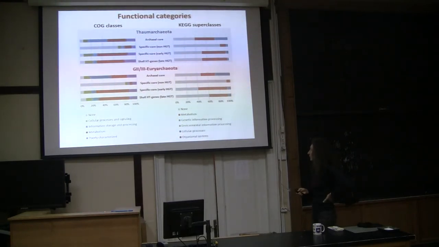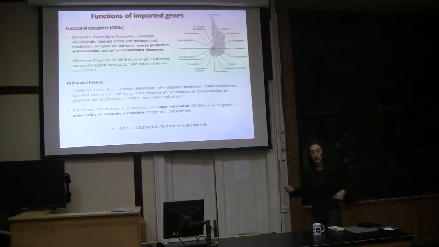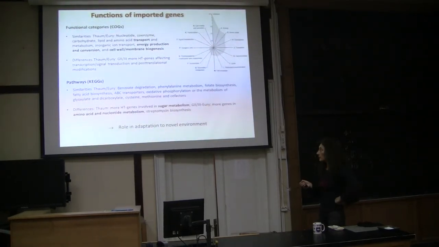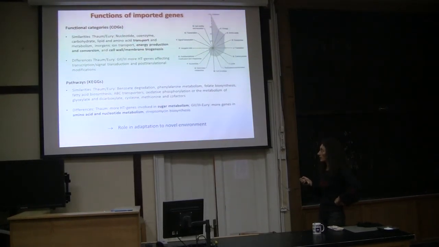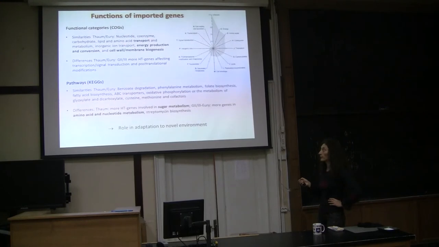Well, that's another point. You don't have to read the slide, but when we look in more detail into the functions of these genes that are transferred, many of them have to do with the transport across membranes of different things, also energy production and conversion, which is related to membranes, and cell wall and membrane biogenesis.